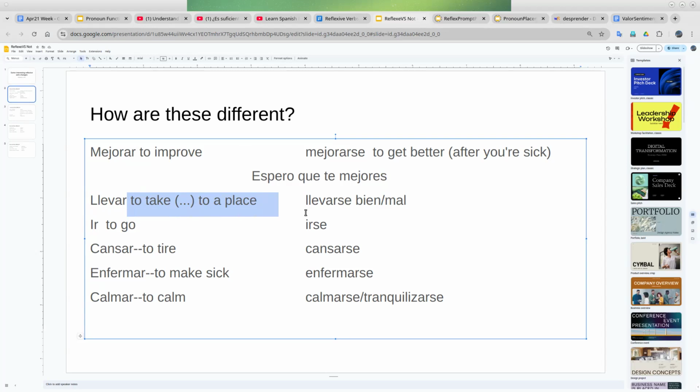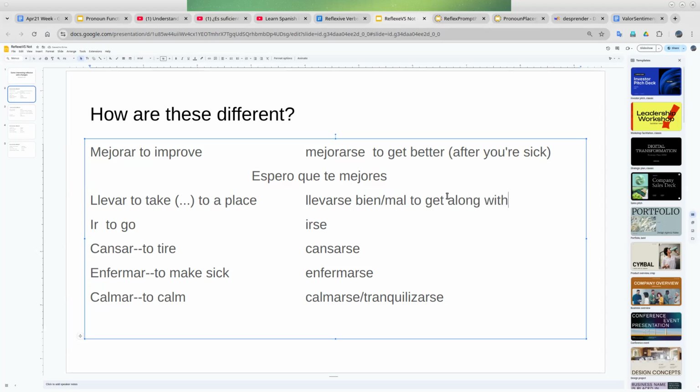Yeah, that's llevar. All right, but llevarse is used either with bien or mal, well or badly. Llevarse bien, llevarse mal, to get along with.